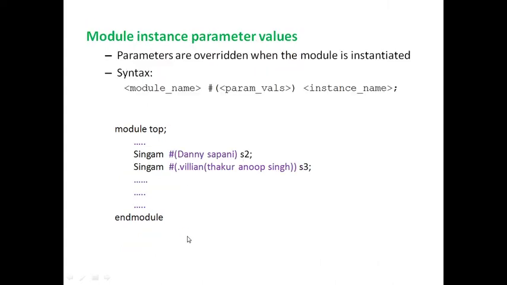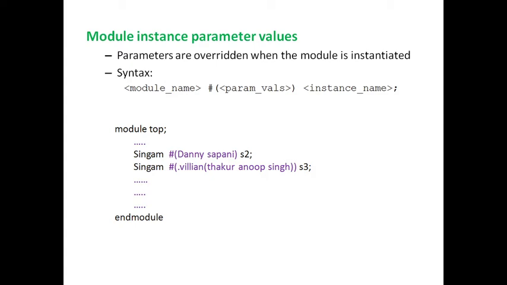Now you can see the next technique, that is module instance parameter values. The designers also felt that defparam is a kind of bad coding style. In the module instance parameter value technique, new parameter values are assigned during module instantiation time only.